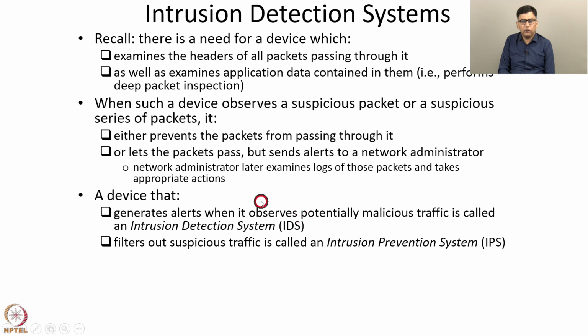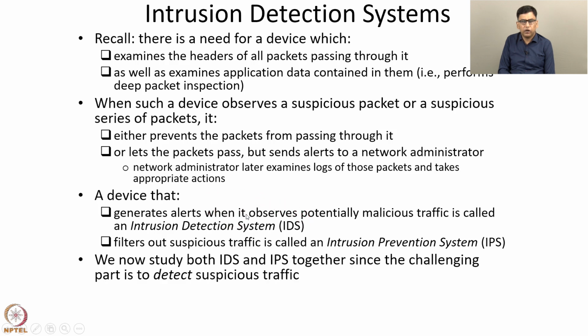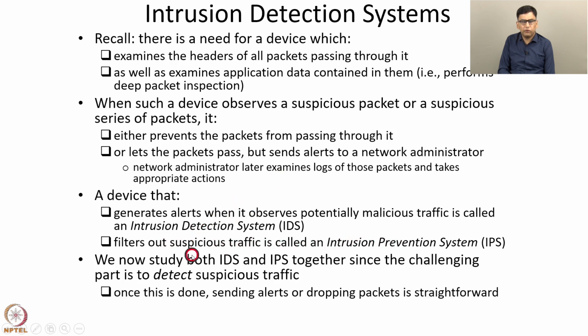The difficult part is not whether to generate alerts or to filter out suspicious traffic. The challenging part is to detect malicious traffic. We study IDS and IPS together because the challenging part is to detect suspicious traffic. Once suspicious traffic has been detected, either sending alerts or dropping packets is straightforward.